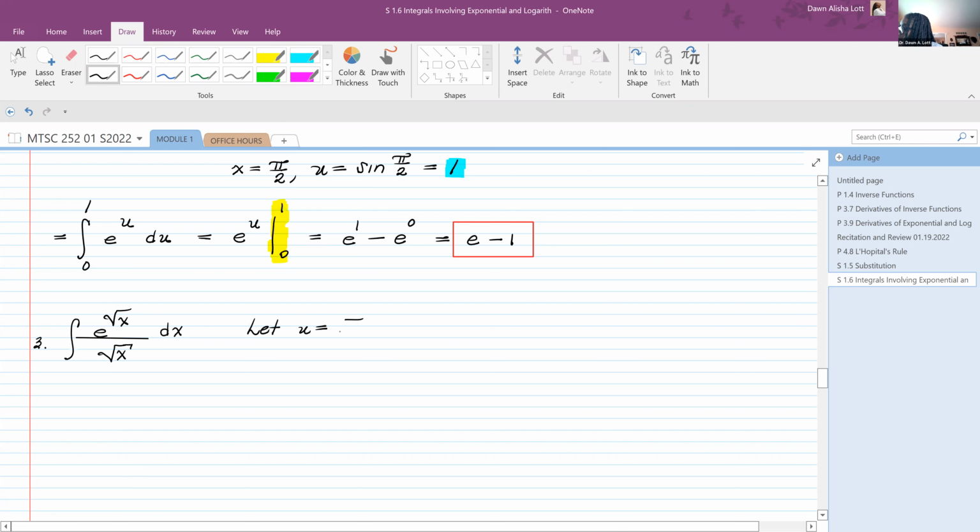So I'm going to let u equal the square root of x, which I know is x to the 1/2 power. So du is 1/2 x to the negative 1/2 power dx. Now, if I rewrite that, that is 1/2 times 1 over the square root of x dx.